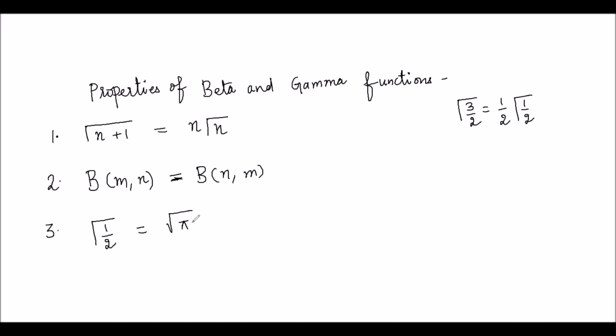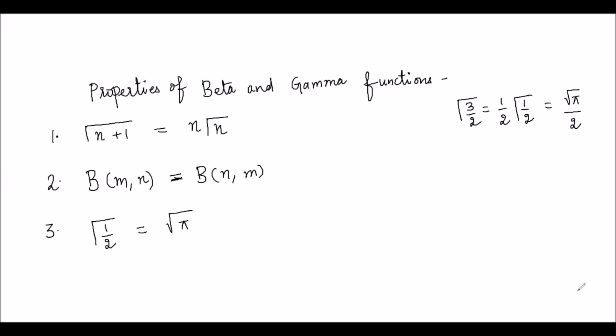And by this third property, we know that the gamma of 1 by 2 is under root pi. So it will become under root pi by 2. So in this way, by using property 1 and property 3, we have evaluated gamma of 3 by 2, and it is coming as square root pi divided by 2.